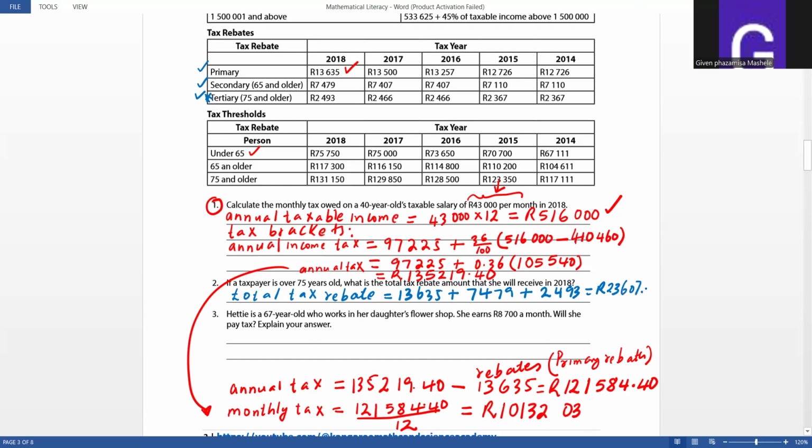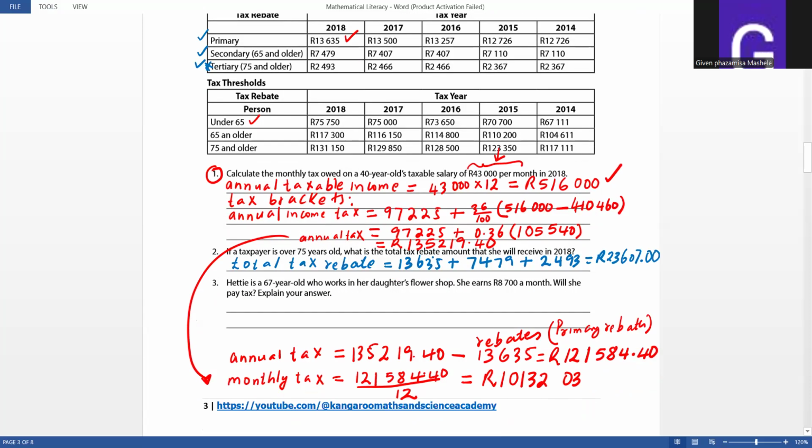You can just say 0.00. So it's 23,607 rand. That is because if it's over 65, already it's under primary, so it automatically qualifies for primary, secondary, and tertiary. I believe you are following.